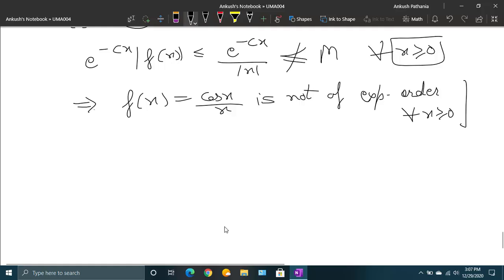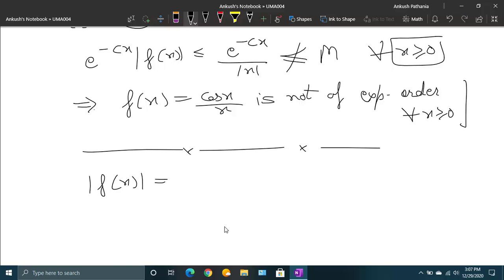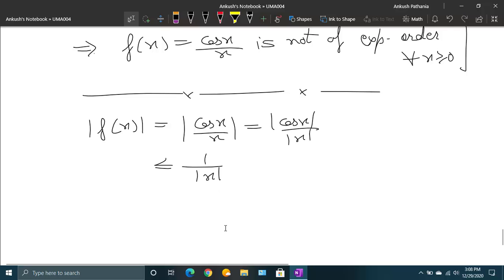Now, this completes whatever has been asked in the question, but let me add one more thing. In the method before, we have mod cos x upon x, and this comes out to be less than 1 by mod x. Since he is asking for all x greater than or equal to 0, you have a problem in this interval.